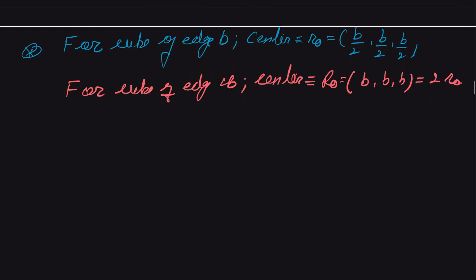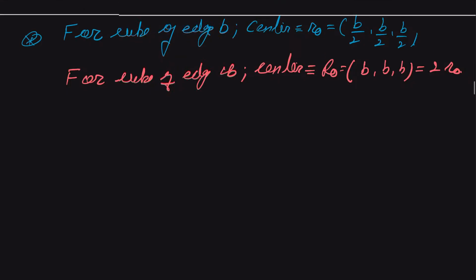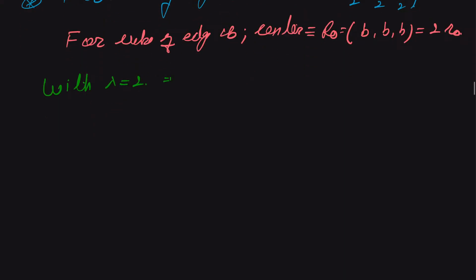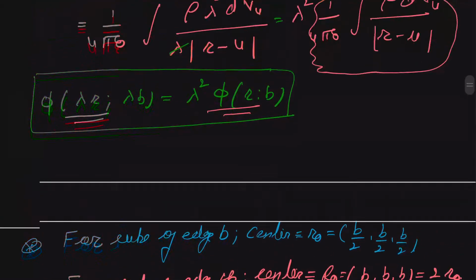Therefore, for lambda equal to 2, I can write the equation that phi of R naught, 2b will be equal to phi of 2 r naught, 2b, which we can also get from the relationship we already have.